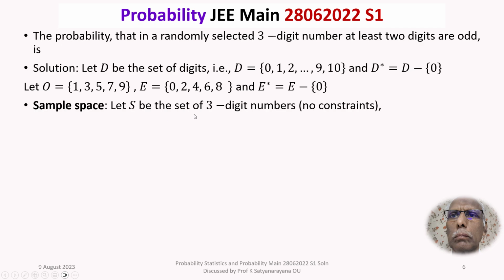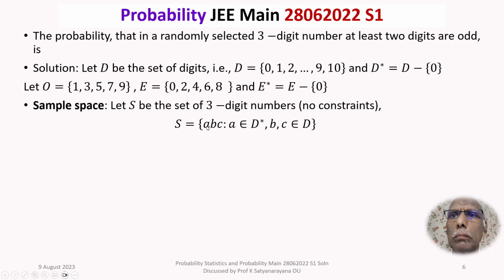So let S be the set of 3-digit numbers with no constraints. That is, S is the set of all 3-digit numbers ABC, where A, B, C are digits, and A belongs to D star.